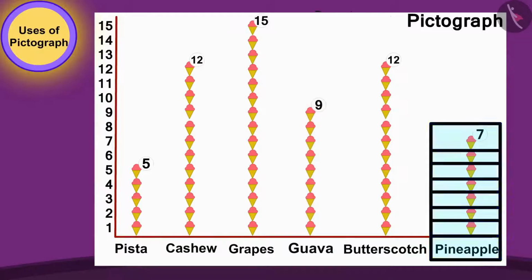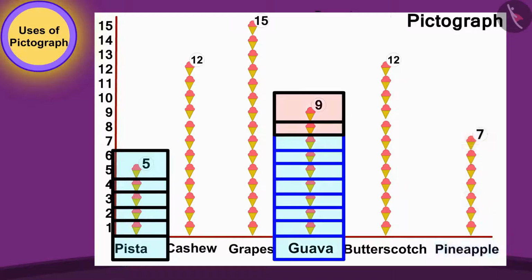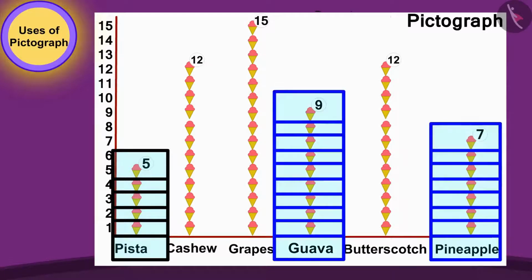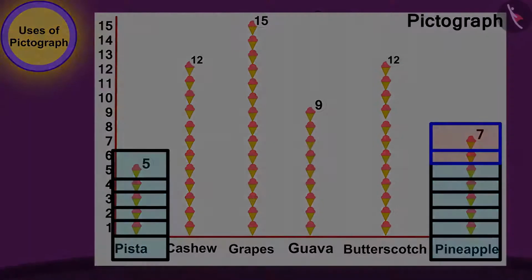And pineapple's line has 2 ice cream symbols more than pista ice cream's line. So, the difference between the number of people who like guava and pineapple, and pineapple and pista ice cream, is 2.